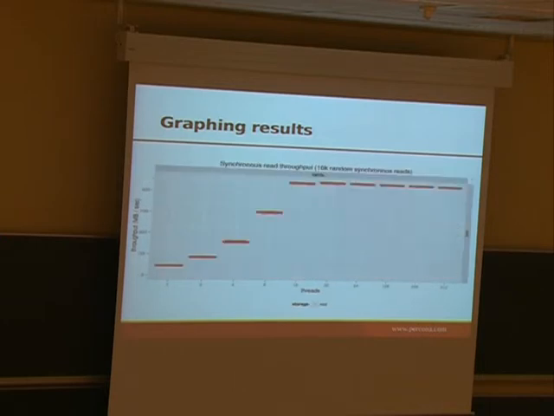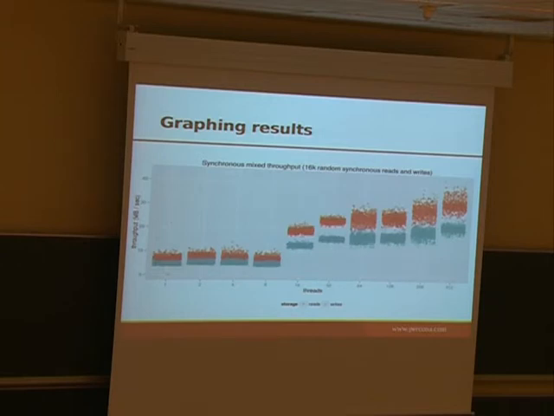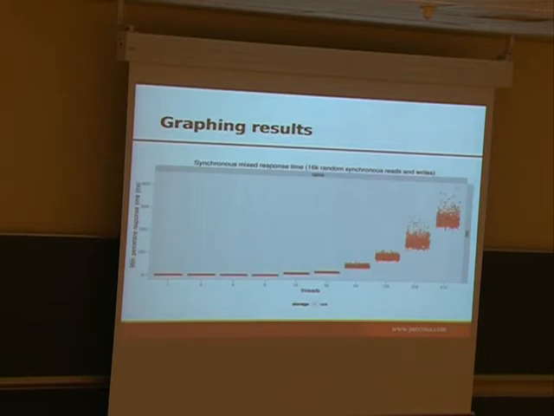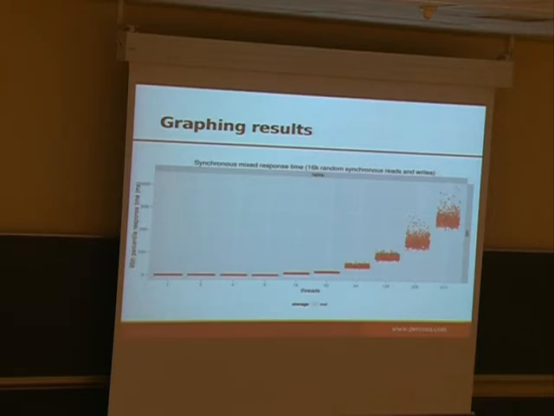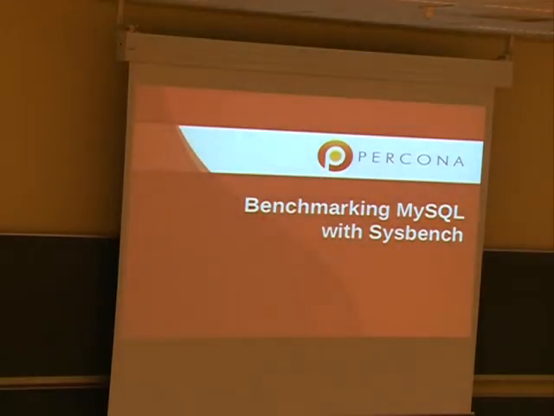Similarly, my read performance in isolation was pretty good, but if I do a mixed benchmark, I won't be able to do 400 megs for reads anymore. And the response time is pretty similar. After a while, the throughput doesn't grow, but the response time starts to grow exponentially.